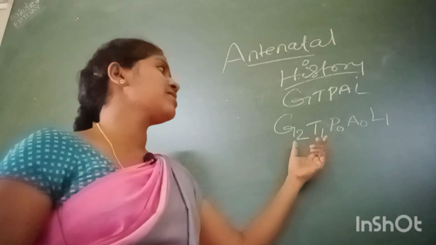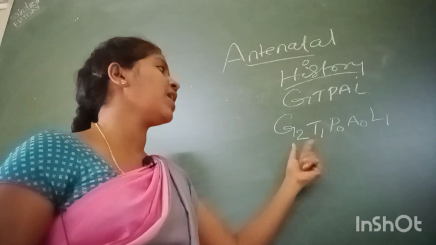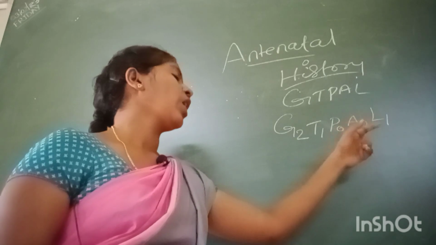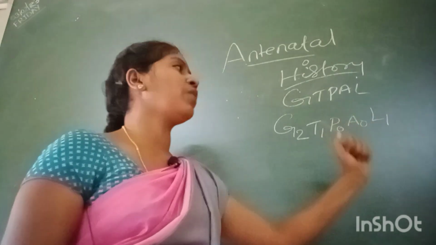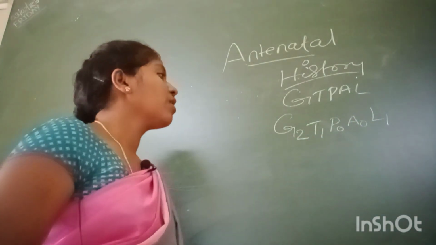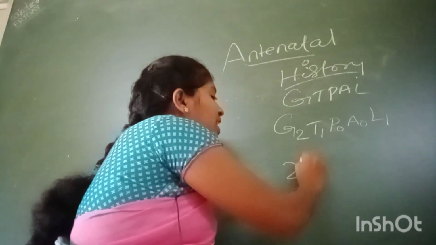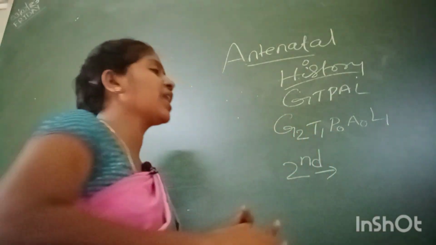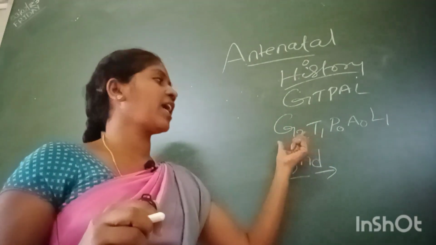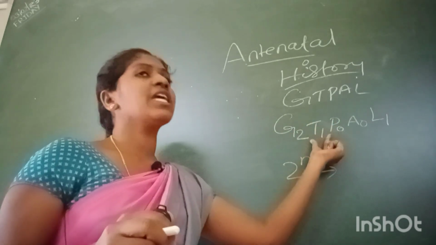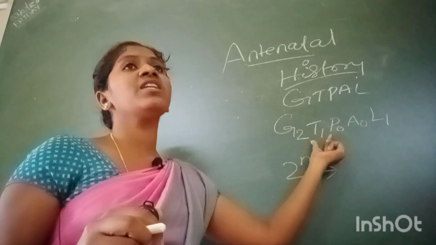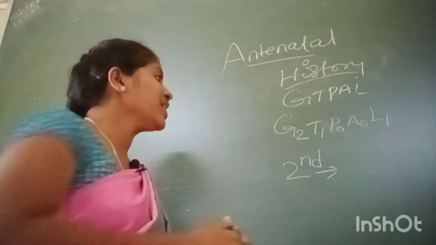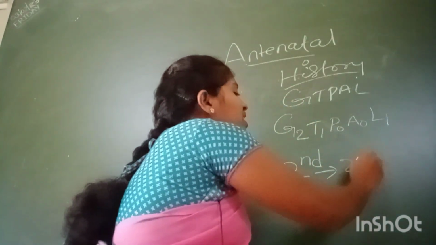Now let us see an example here. A diagnosis of an antenatal mother: G2, T1, P0, A0 and L1. G2, second pregnancy. This is her second pregnancy. And T1, term pregnancy. One pregnancy she carried to term, but this second pregnancy is just at 26 weeks.